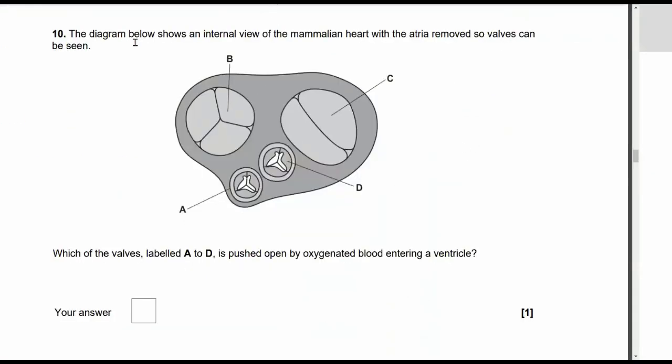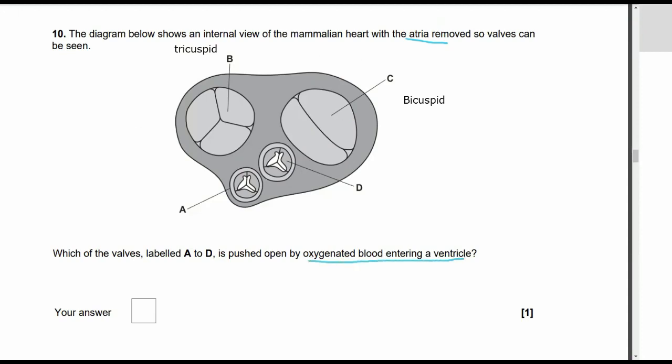Right, 10. The diagram below shows the internal view of a heart with the atria removed, so we can just see the valves. Where does oxygenated blood push through these valves when it enters a ventricle? Well, oxygenated blood returns to the heart through the pulmonary vein from the lungs, and it pushes through the bicuspid valve, which must be represented by C, as there's 2 parts, into the ventricle.